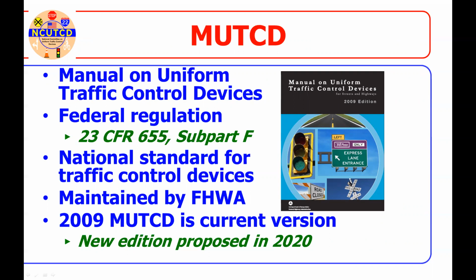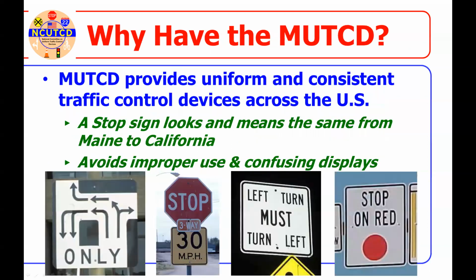It is owned and maintained by the Federal Highway Administration, which makes FHWA the organization responsible for establishing and revising the content in the MUTCD. The 2009 manual is the current version of the MUTCD, although FHWA proposed a new edition in 2020.